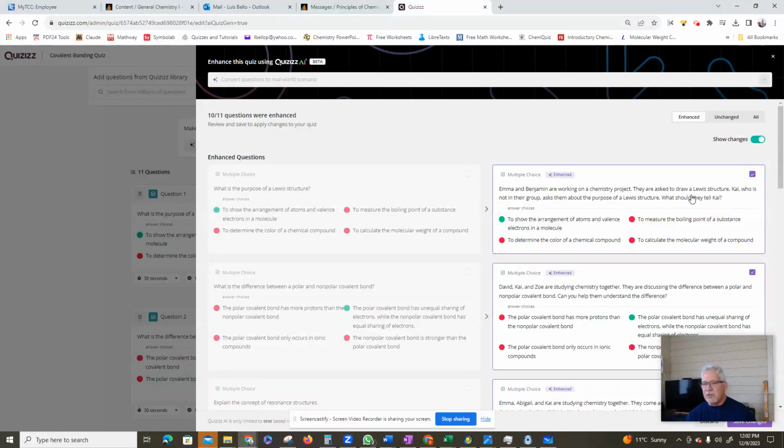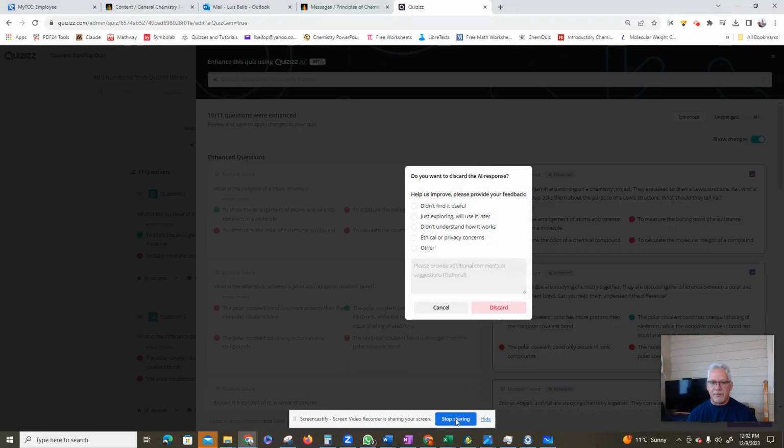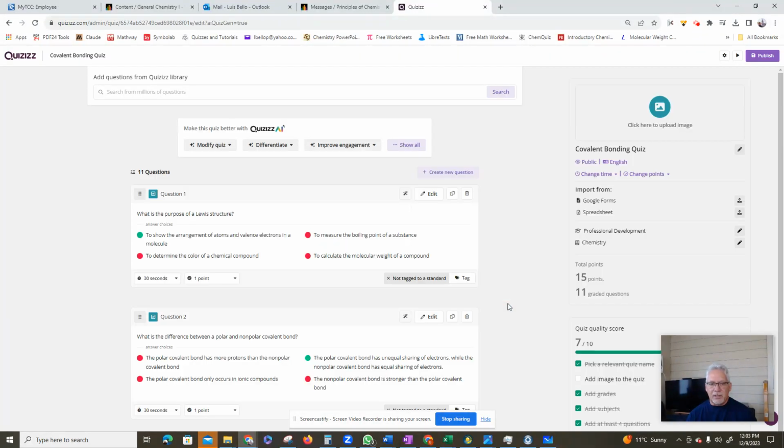They're asked to draw the Lewis structure. Kay, who is in the group, asks them about the purpose of Lewis structure. What should they tell Kay? Okay, you can select those types of questions, or you don't need to select all of them, any of them. Okay, so I'm not going to add any of these questions, and that's all.